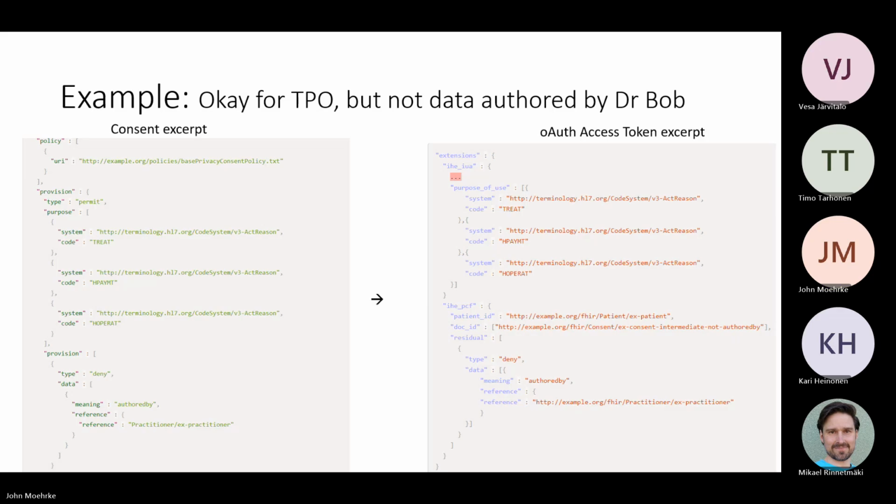So at the resource server, what would happen in a resource server that is enforcing this, so it implements PCF enforcement, is it would say, okay, I'll let the query happen, but before I return results on the query, I'm going to look at all of the data that's in the bundle and remove anything that's been authored by this doctor.